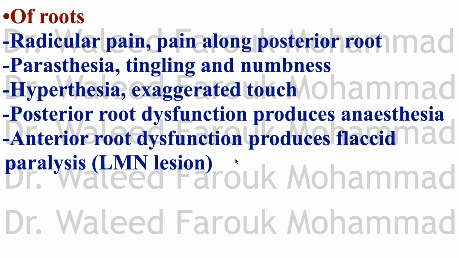Posterior root dysfunction produces anesthesia, and anterior root dysfunction produces flaccid paralysis of the lower motor neuron lesion type. By the way, in some cancer patients, they perform the anterolateral cordotomy. I mean, they incise the anterolateral spinothalamic tract to help the patients cope with the pain. Okay, that was one of the procedures.